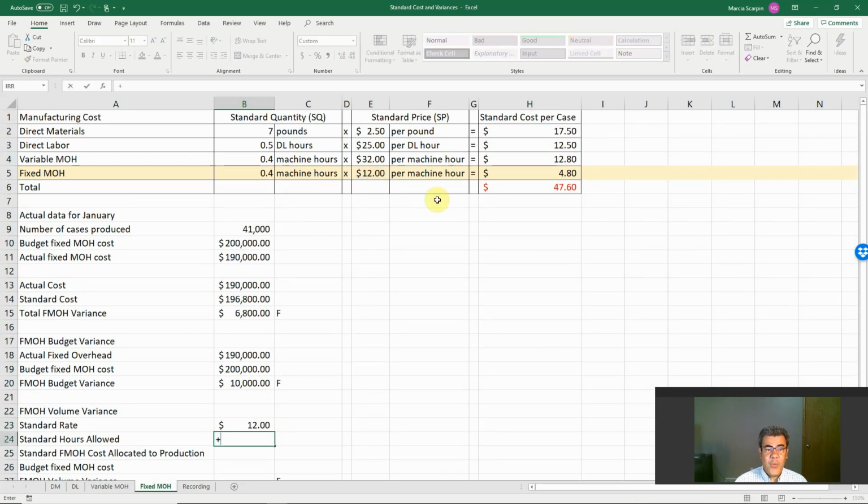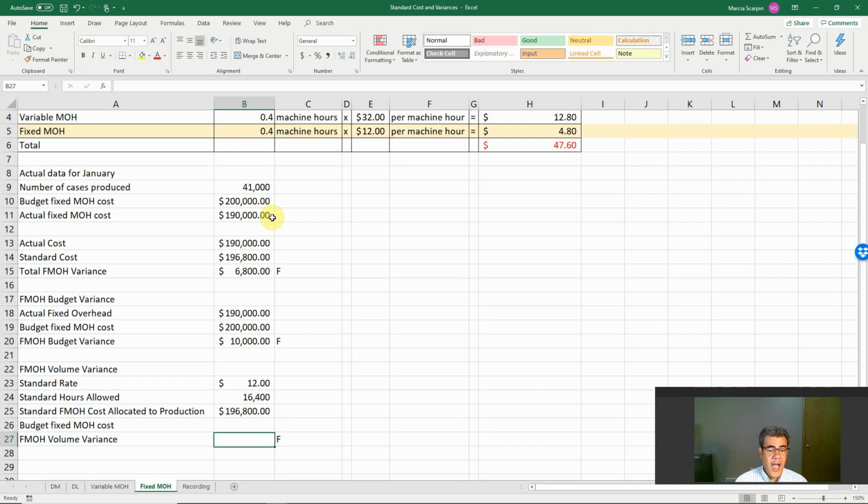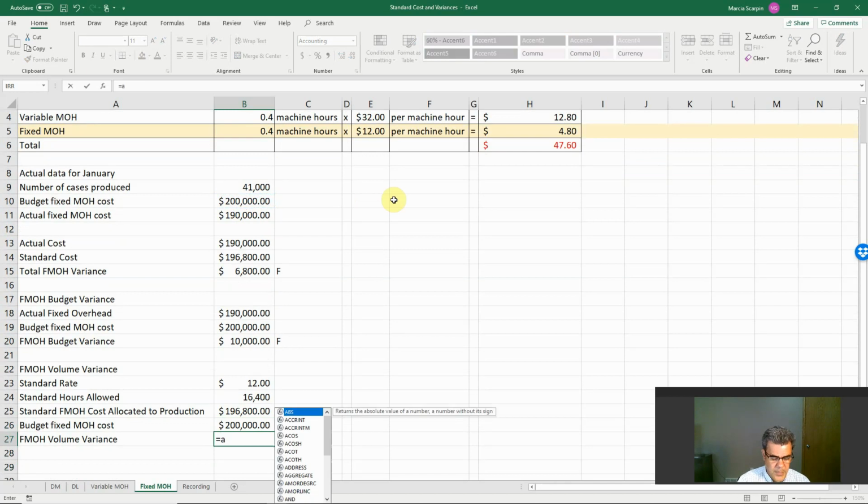Hours allowed 0.4 hours per unit times number of units. And then our standard cost allocated to production will be 12 times 16.4, so 196. Our budget fixed costs, budget 200. So the volume variance will be the absolute value of this difference here.